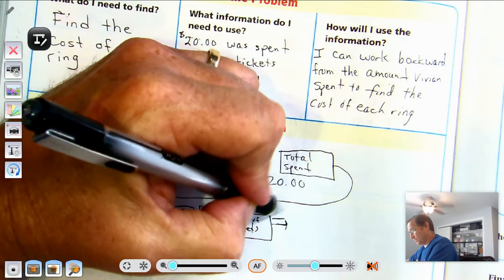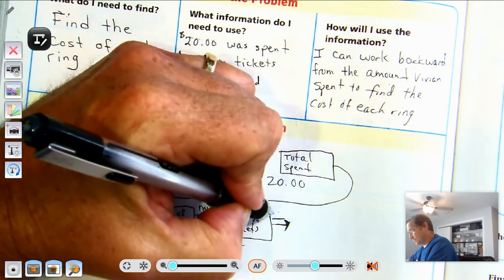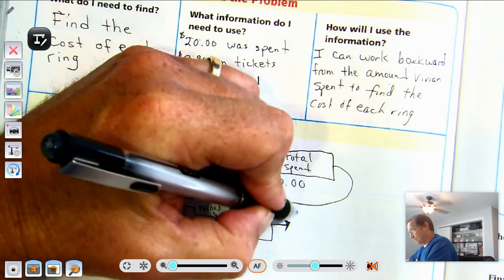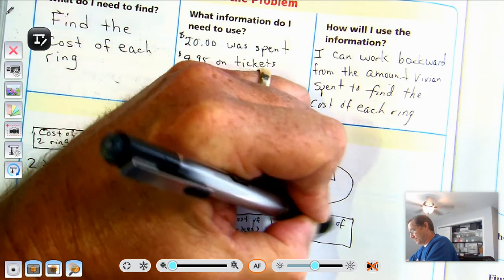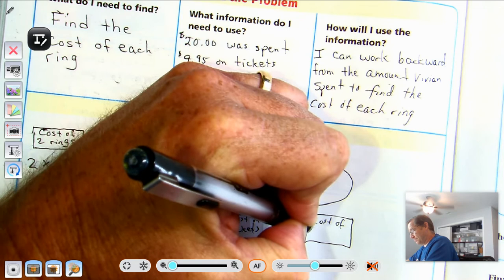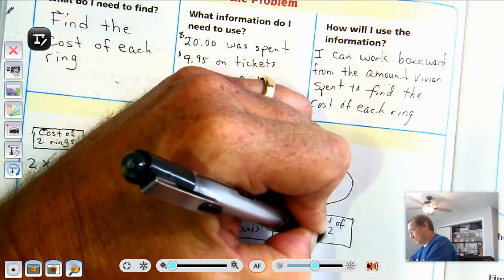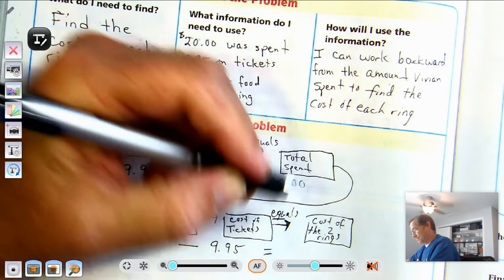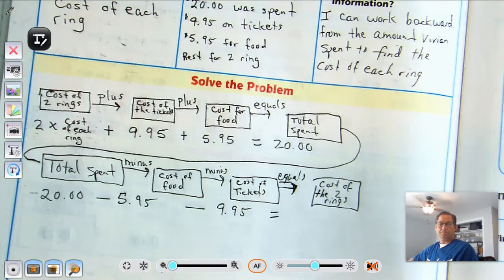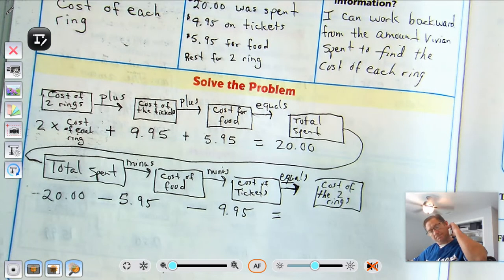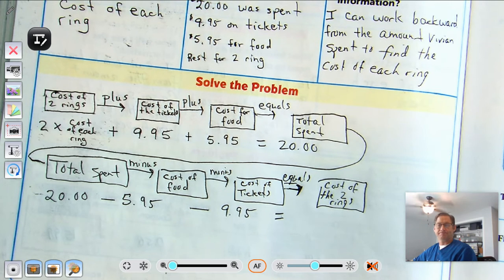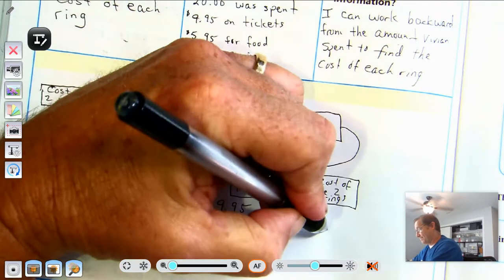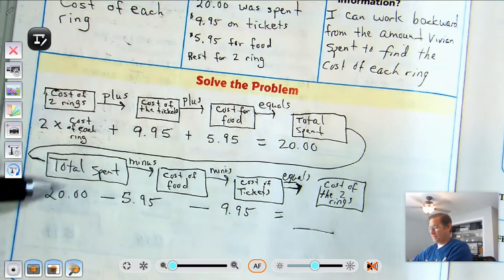Will equal the cost of the 2 rings. Okay. So that's what we're trying to find out, right? All right, so let's start there.